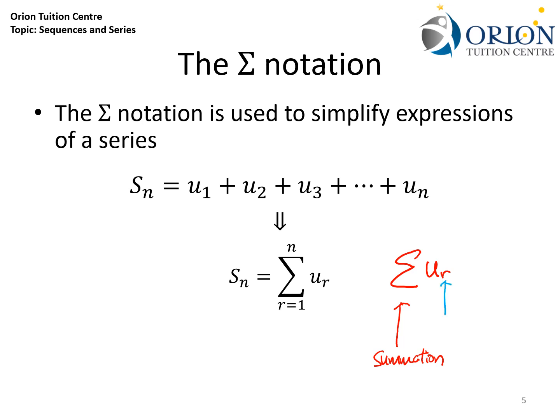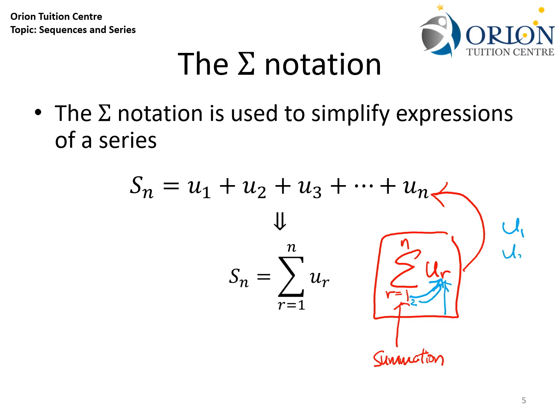And how r will be changed is from r equals 1 and proceeds all the way until the last term n. So this is essentially the same as summing this. So we can see that when r is equal to 1, I substitute 1 into this expression to get U1. When r is 2, I substitute 2 inside here to get U2.